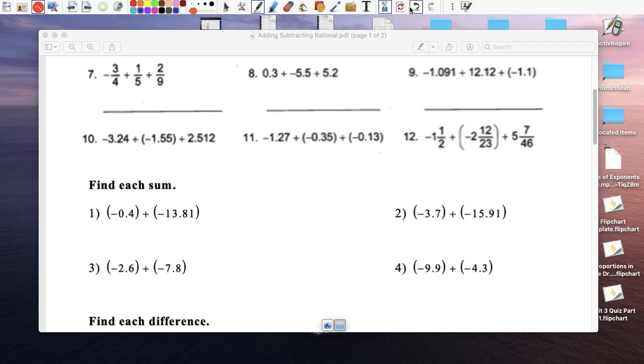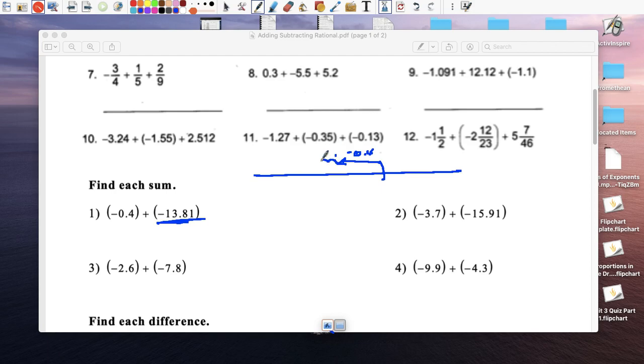Find each sum. It's two negative numbers that we're adding over here. If you think about a number line, you're going to walk negative 0.4, and then to that you're going to add this distance here, 13.81.